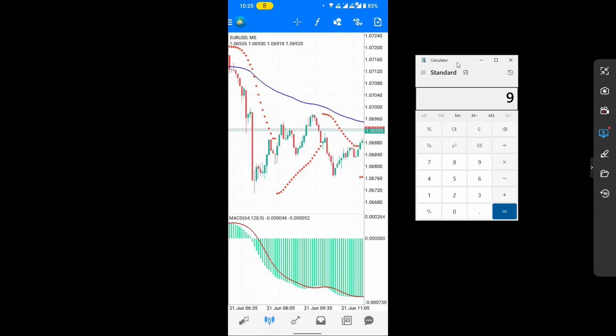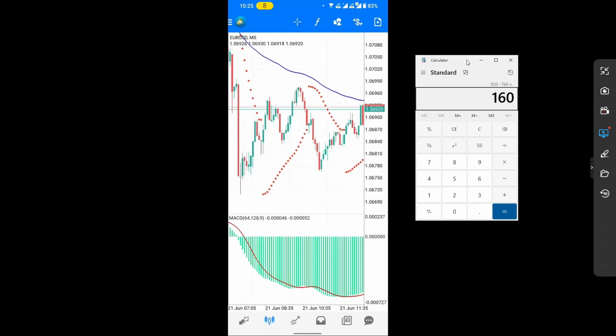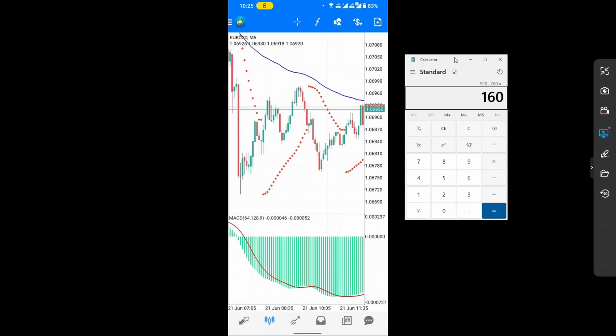I'm just roughly calculating. So this will be the profit that I could have made that day. I didn't trail up to here, I only booked my profit after 80 points, like 8 pips. Okay, like 80 points, and 160 is like 16 pips.